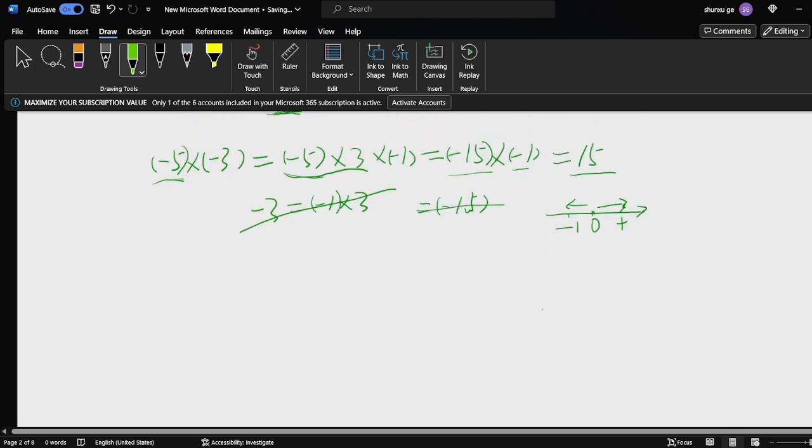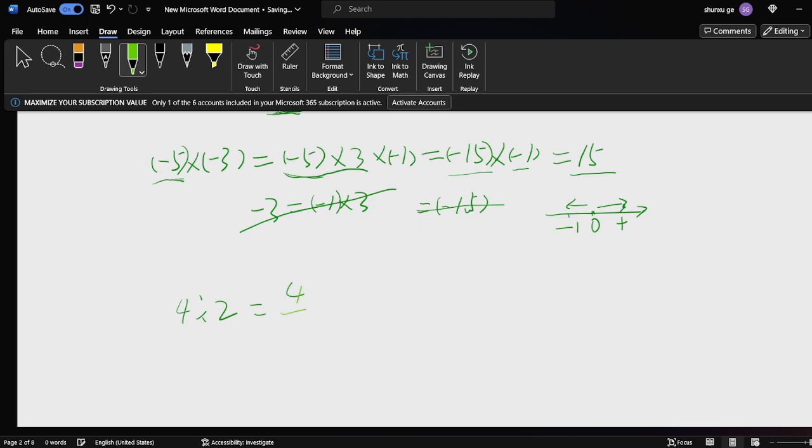Okay, now we explain other things. Like 4 divided by 2. 4 divided by 2 means, you can write it here, for example, you have 4 apples. 1, 2, 3, 4.